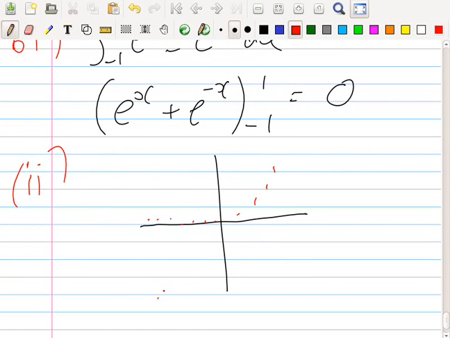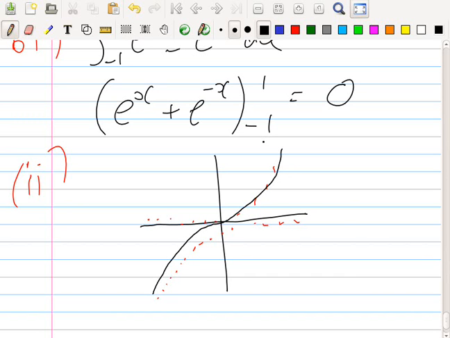And when I add these together, it kind of has this shape.